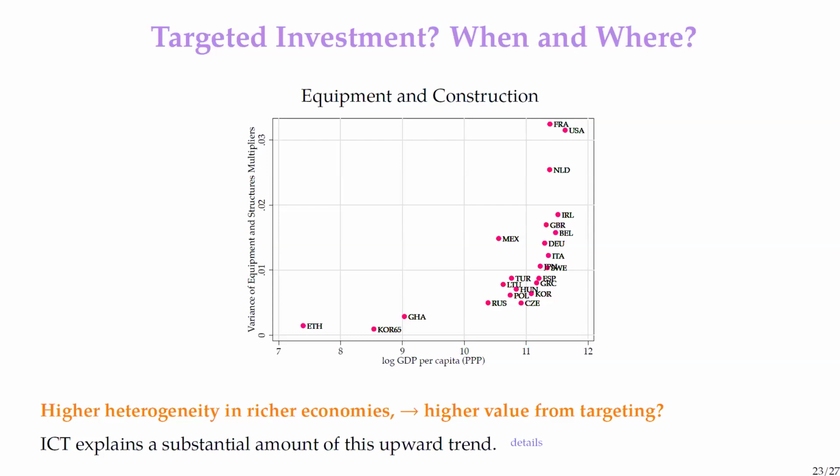Although we have an efficient economy in our structural model, so there is no room for policy, we take this as empirical suggestive evidence that targeting investment may be more beneficial in richer economies than in poorer economies. And as a matter of fact, this heterogeneity is mostly driven by the ICT sector.